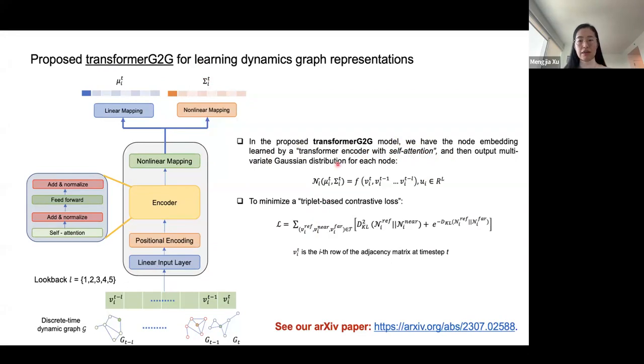And the output is a multivariate Gaussian distribution for each graph node, not a single vector, it is a density function. Here, this is a Gaussian distribution for graph node i. Then we minimize the same loss function using triplet-based contrastive loss, which is the same as in the previous work we used.